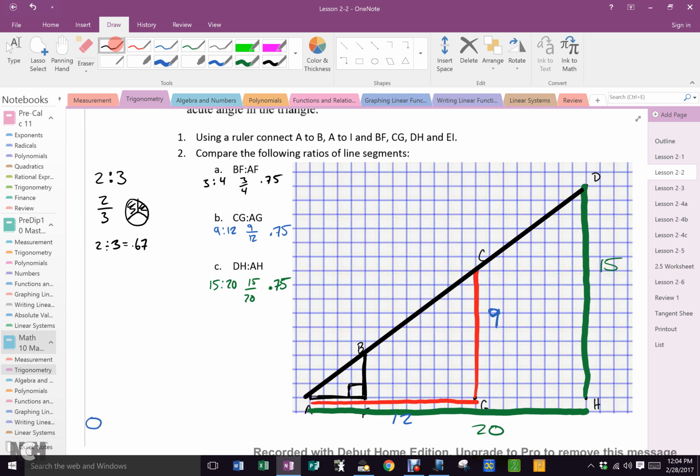Right angle triangle, 3, 4, 5, right? Agreed? And then I made this big red triangle, 12, 9, and that's going to be 13, right? And then 20, 15, and that is going to be 25.